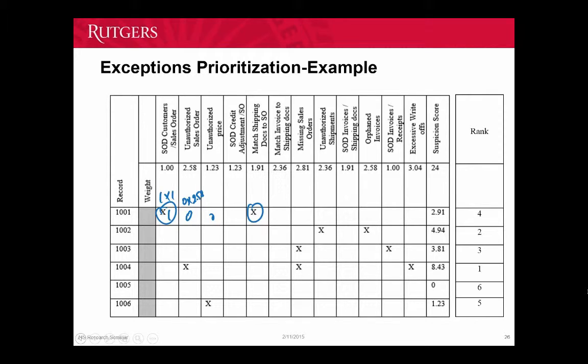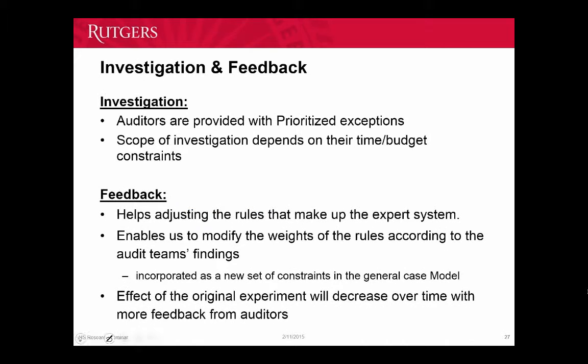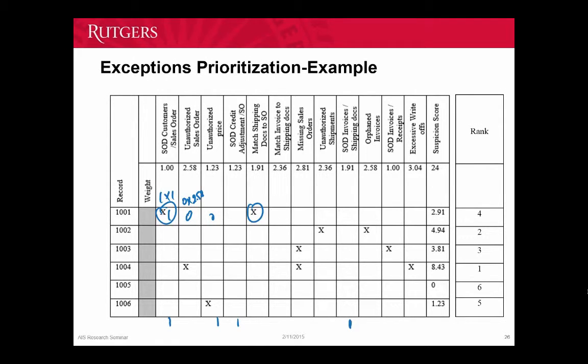I understand you're using the suspicion score, but for instance, let's say one record violates the first one, which is grade 1.0, and also violates 1.2b, and also violates 1.3, and then let's say the SOD invoice shipping, 1.0.